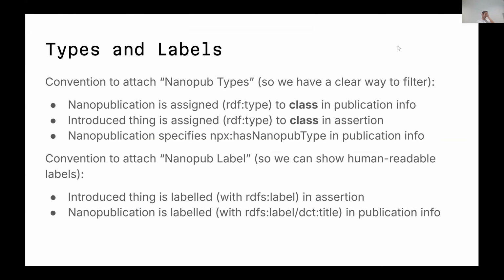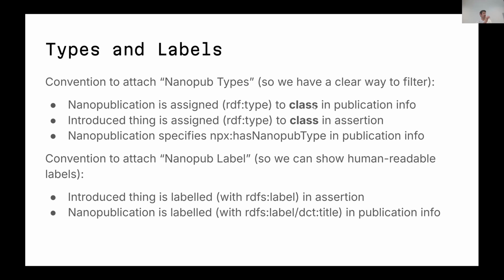Right, before we get to that, a quick explanation of how we calculate types and labels for nanopublications. It's specifically about the types, because these types define into which buckets of SPARQL endpoints these nanopublications are put. So if you have an application and in pub info you assign it to a class, then this class is considered a type.